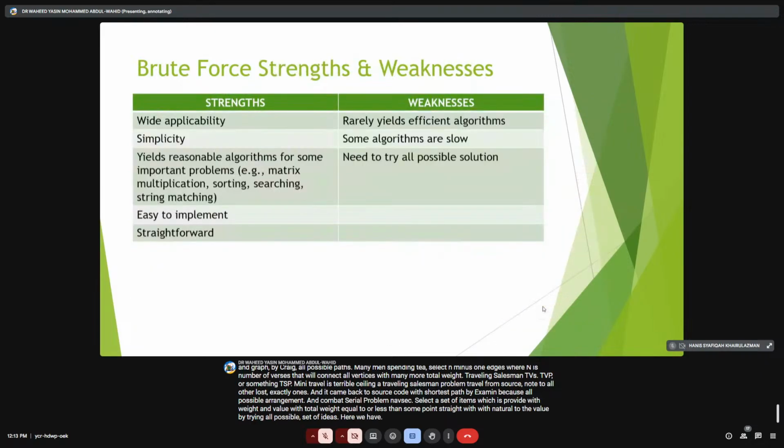Here we have brute force strengths and weaknesses. The strength of brute force is wide applicability and simplicity, and it yields a reasonable algorithm for some important problems, for example matrix multiplication, sorting, searching, string matching.